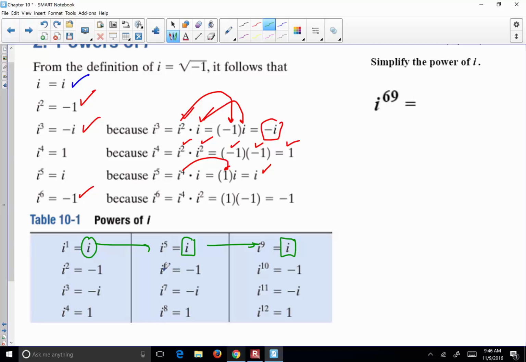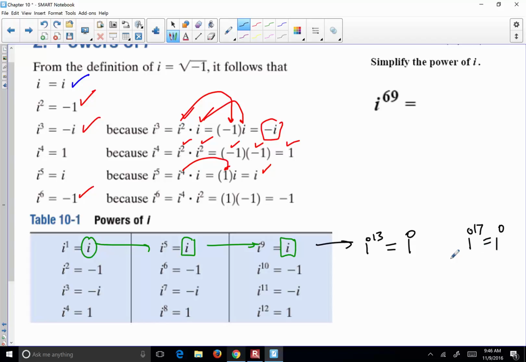You increase the power by 4, still hitting the same value. So can you tell me what i to the 13 will be? Can you? i. That's the pattern. And 17 will be i. 21 will be i. 25 will be i, etc., etc.